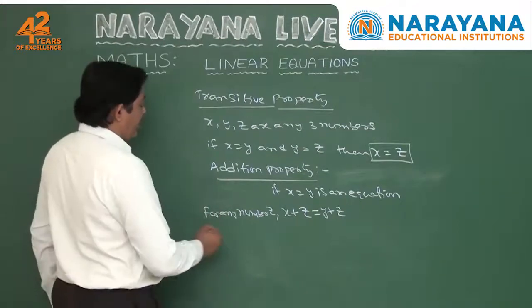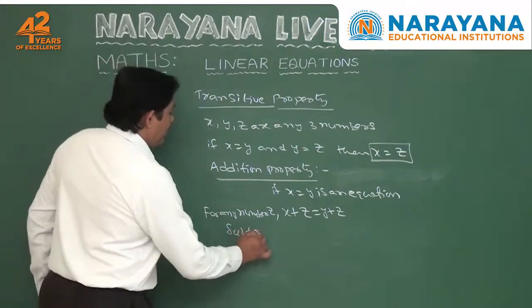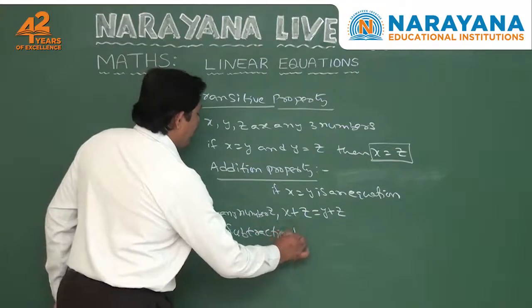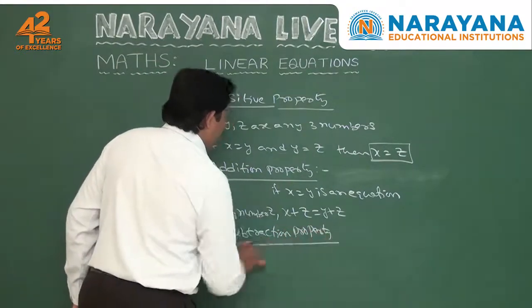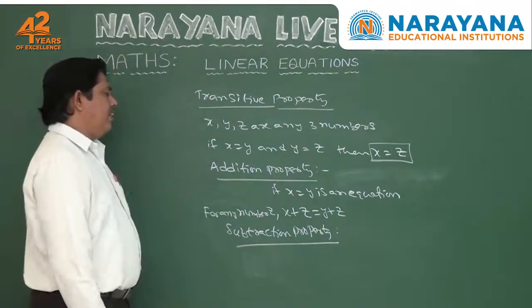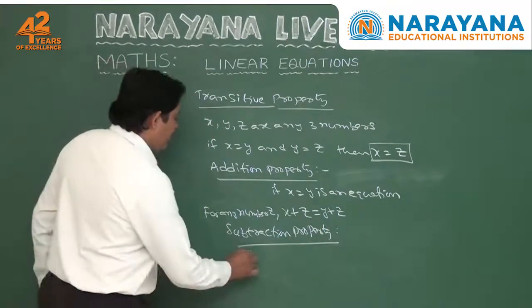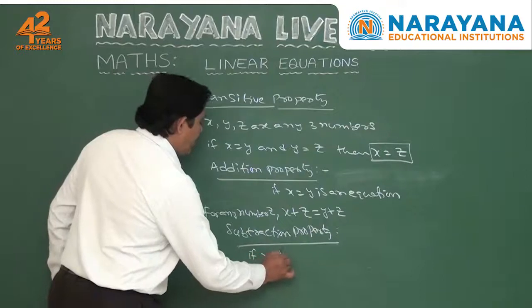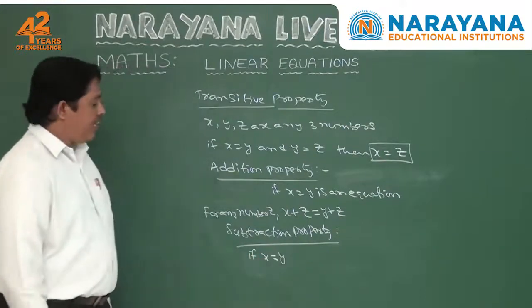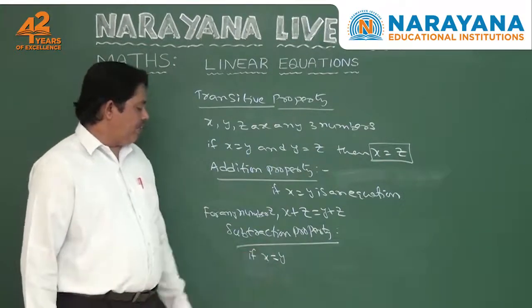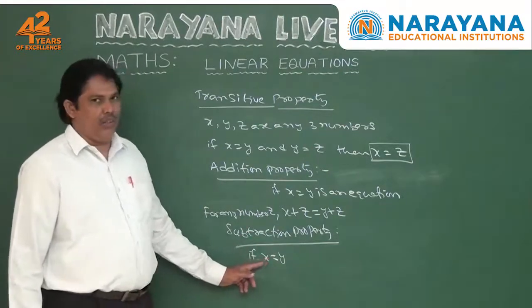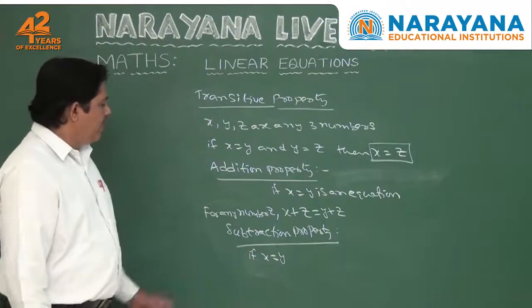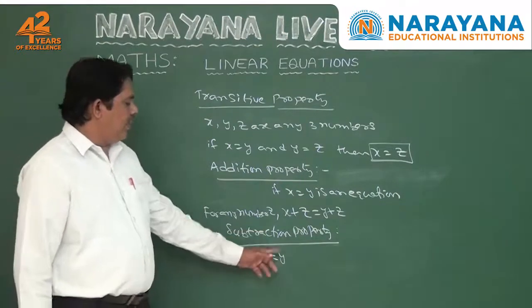Next property is the subtraction property. If x equal to y is an equation, we may take any number z and subtract z from both sides of the equality, then the equality is unaltered.